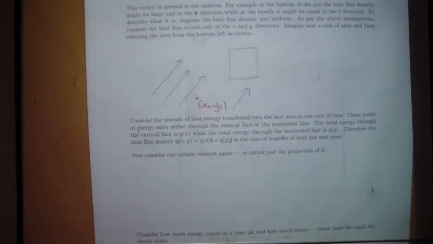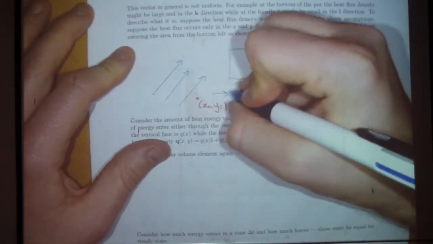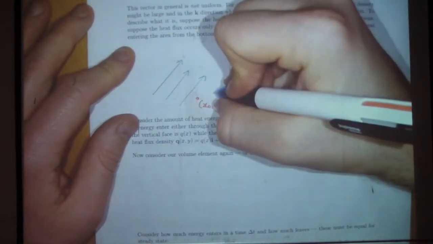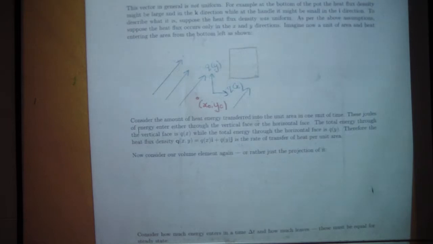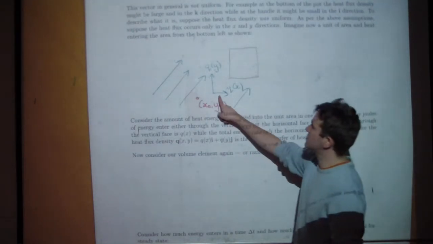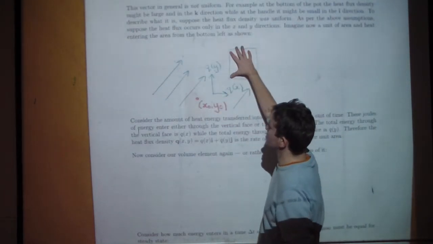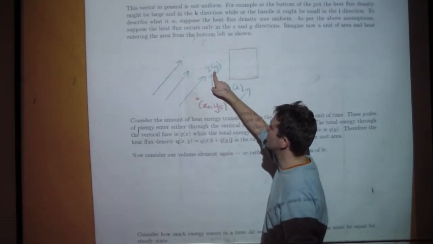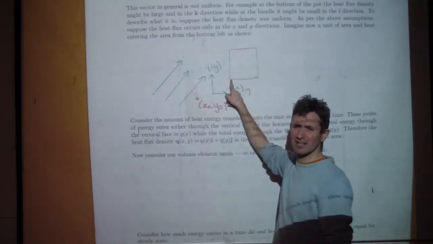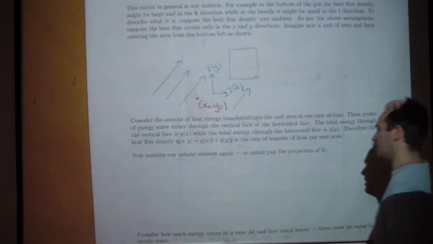Well, that is because this vector is composed of heat transfer in the X direction and heat transfer in the Y direction. And the interesting thing, we'll see it in a moment, the heat transfer in the X direction actually goes through a kind of Y face, as it were, and the heat transfer in the Y direction goes through an X face. We'll see this in a second.